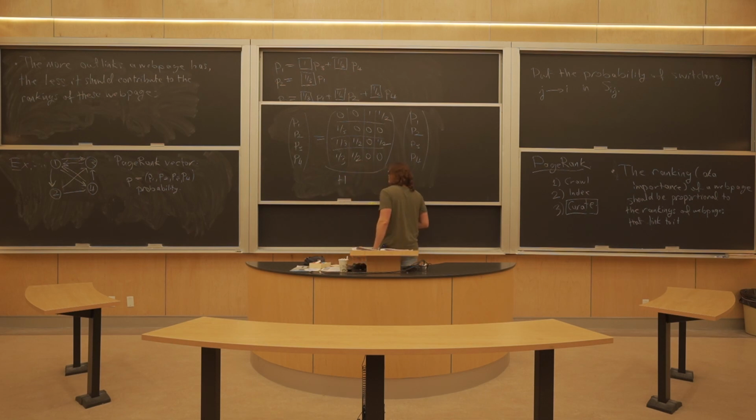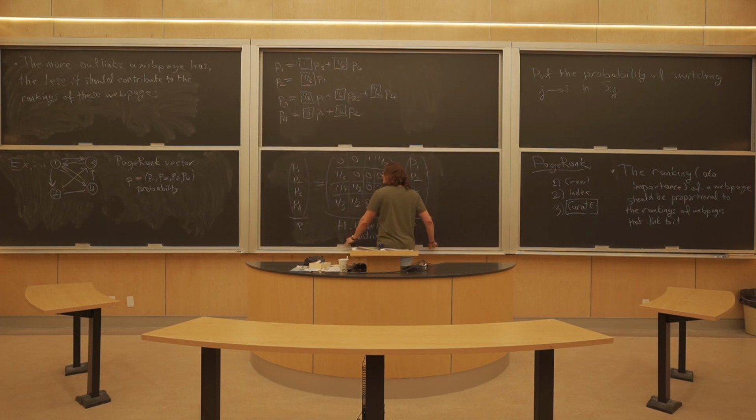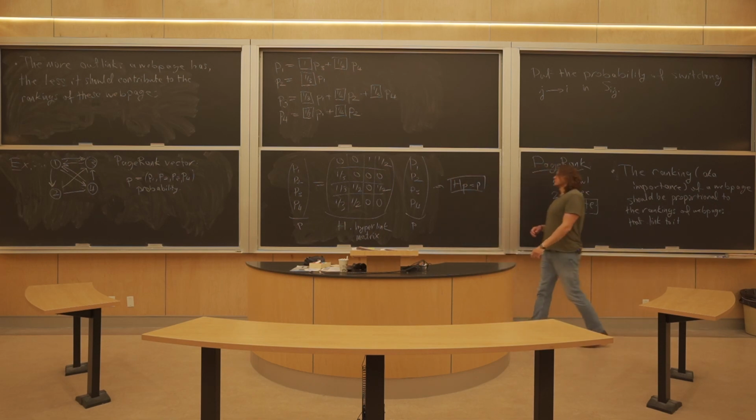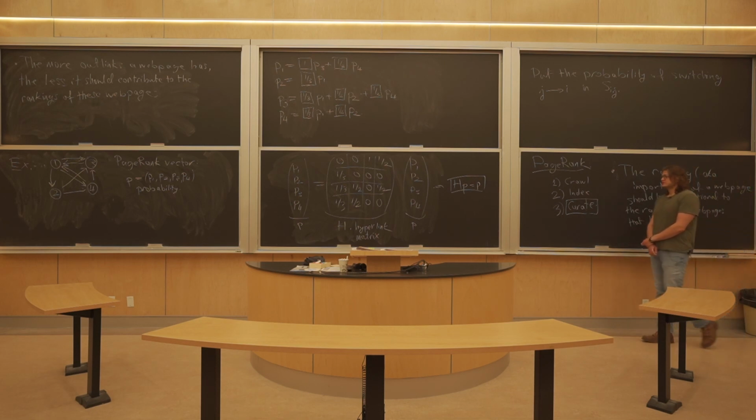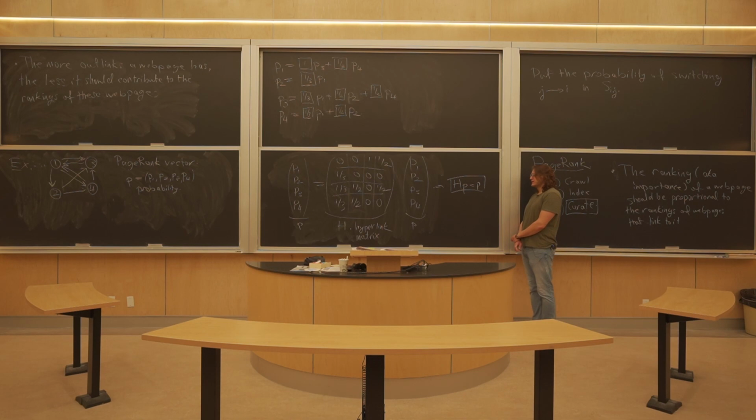I'm going to call it H, and this is P. Once I use these abbreviations, this is nothing but the eigenvector equation for H associated to the eigenvalue 1. Okay, so this is the important step.